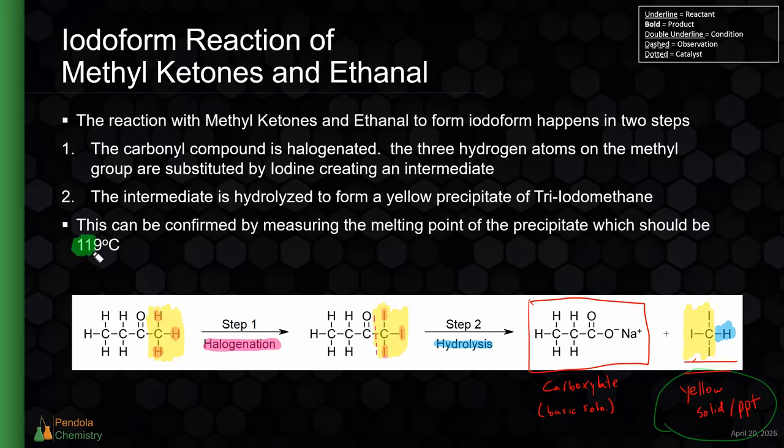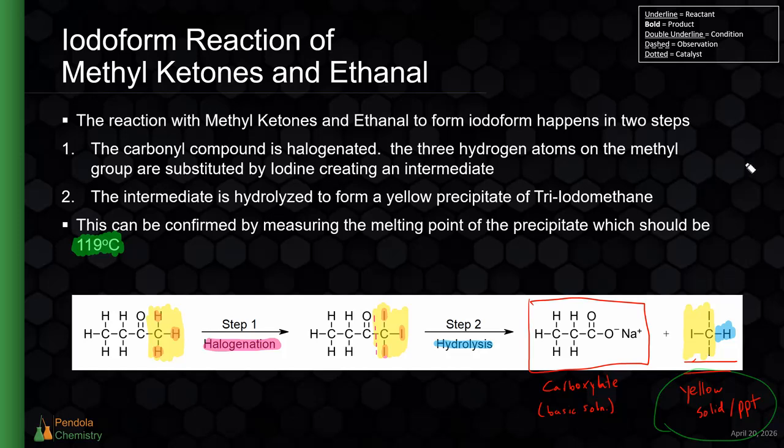And the melting point should be 119 degrees Celsius. So the melting point of iodoform is going to be specifically 119 degrees Celsius. Any yellow solid created that does not melt at 119 degrees Celsius specifically is going to be some other byproduct that's giving us a false positive. So this is what happens with methyl ketones and ethanol.